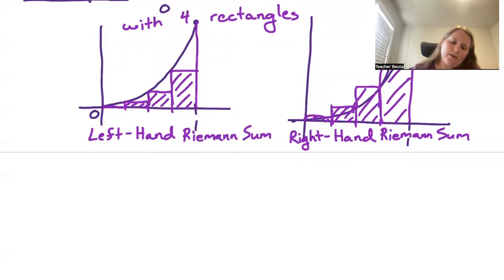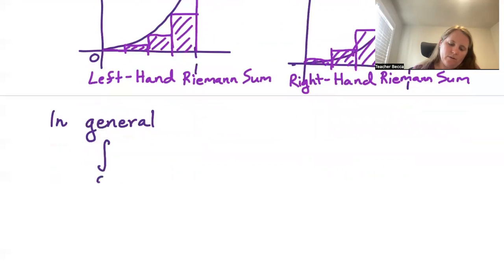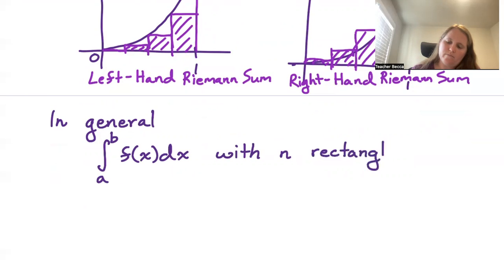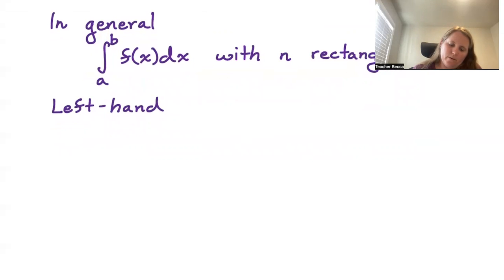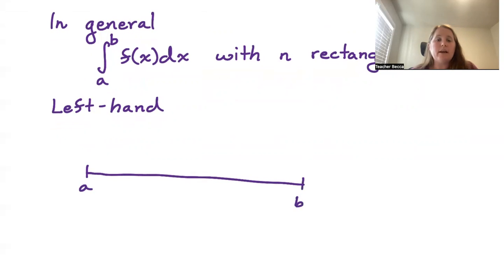To calculate the general area, we do the width times the height. So in general, if we are trying to do a definite integral from a to b of f of x dx with n rectangles, if we want to do the left hand, we're going to take our region from a to b and split that into n rectangles.